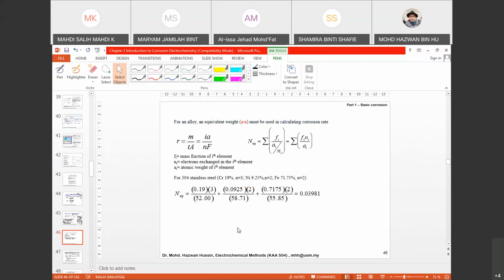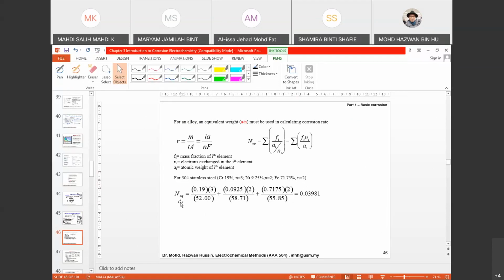In case you have alloys, because alloys have different compositions of elements, you need to consider each percentage. For example, stainless steel SS304 has a composition of 19% chromium with a valency of 3, nickel 9.25% with a valency of 2, and the remaining iron 71% with a valency of 2.